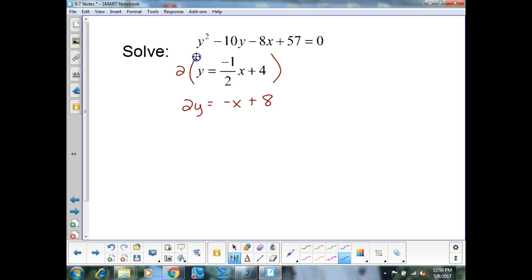I multiplied by 2 to get rid of the fraction. We have to solve for y. No. Oh no, you're gonna switch it to x. I'm going to switch it to x. So that's going to give me x equals 8 minus 2y. Agree? Now, how many times do I have to substitute that into the other equation?